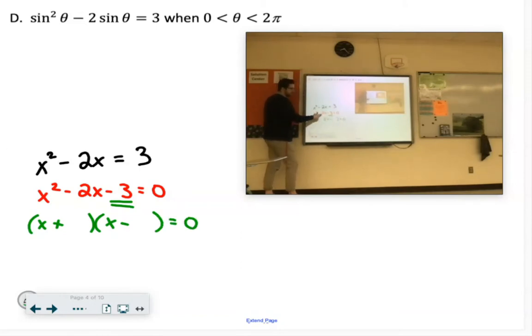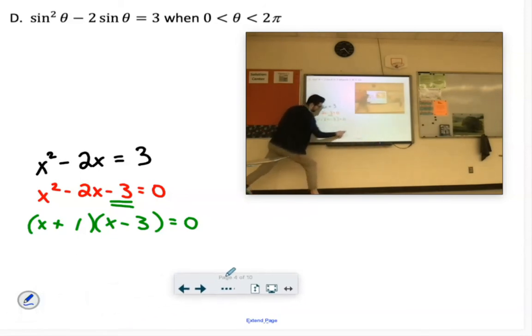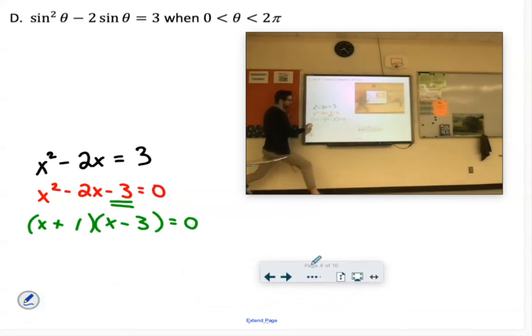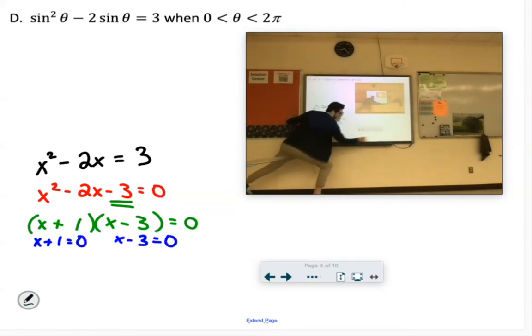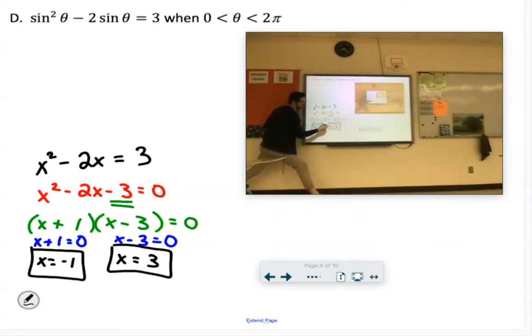But to get them to add up to negative 2, it would have to be negative 3 and positive 1. After that, you would set up two equations, x plus 1 equals 0, or x minus 3 equals 0. Here you would subtract the 1, here you would add the 3, and those would be your solutions.